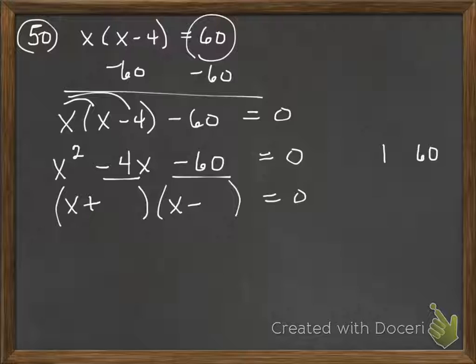So it could be 1 and 60, 2 and 30, 3 and 20, 4 and, how many times does 4 go into 60? 15 times maybe.